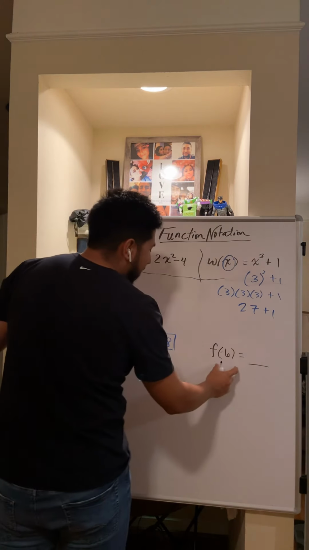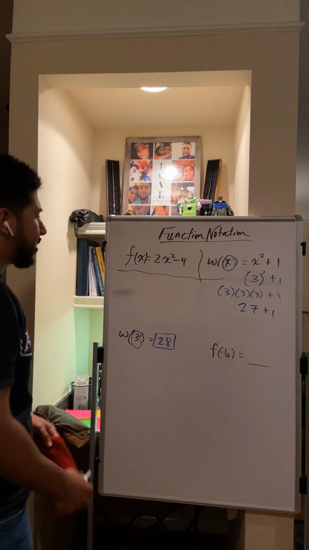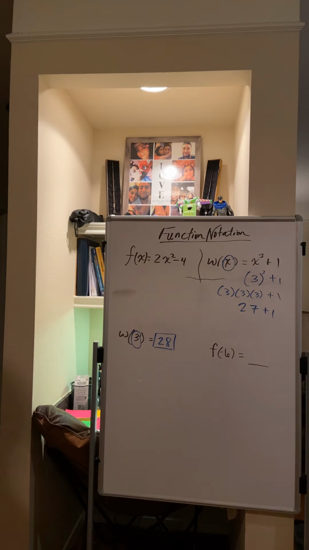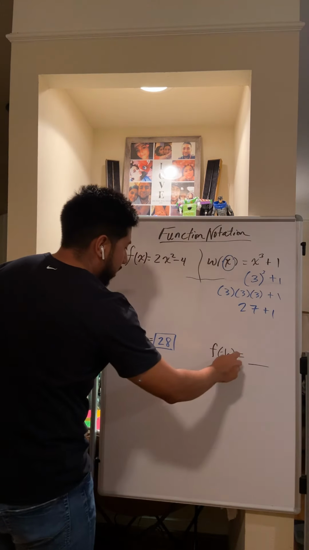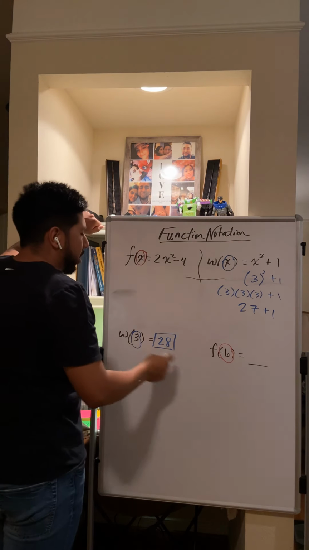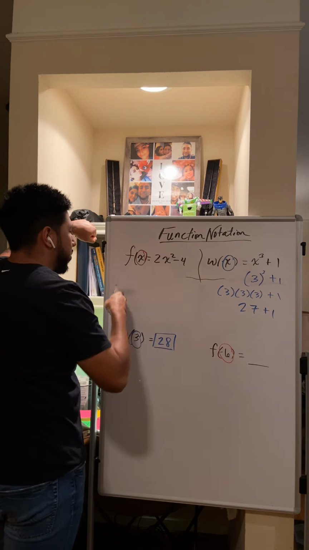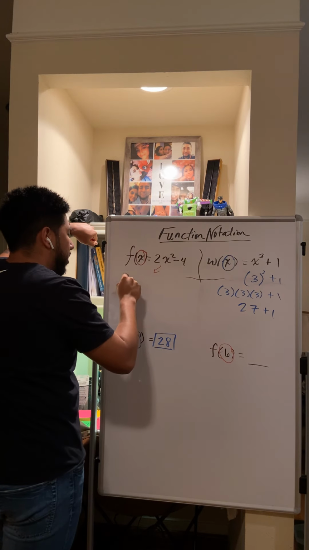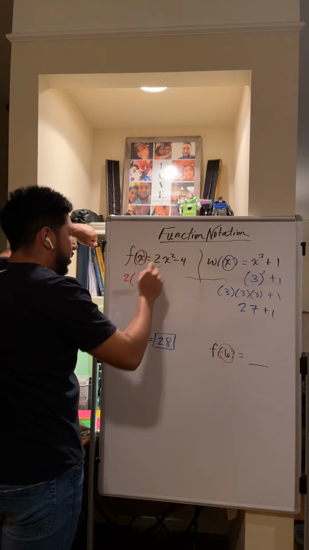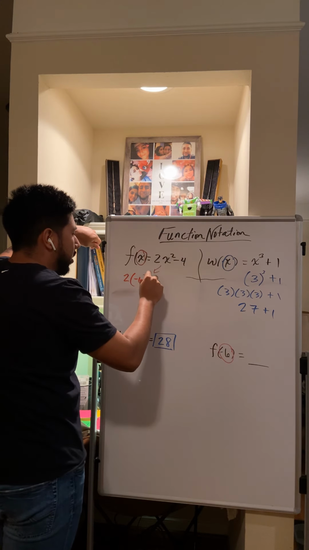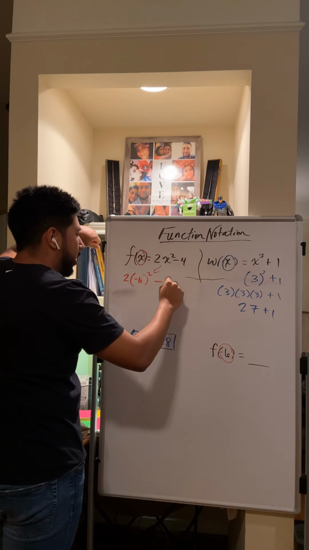All right, same thing over here, f of -6. Let me get my red marker real quick. -6 is for my f function, putting -6 wherever x goes. I'm going to write it down over here. I got 2 parentheses, -6, close it, square, -4.